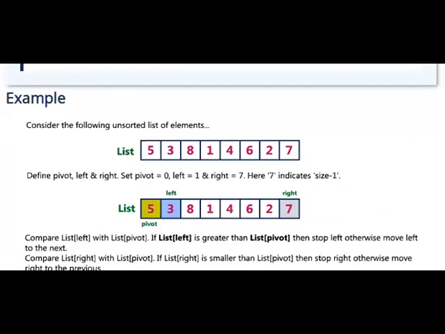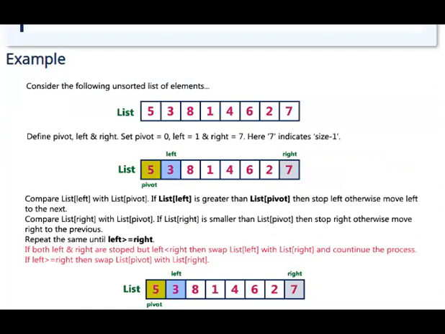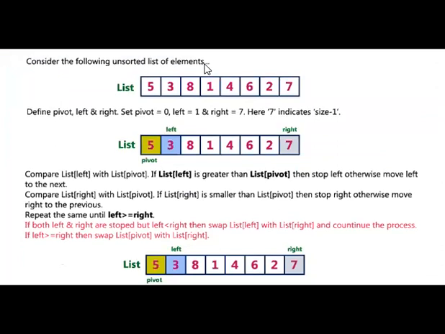Here we consider one example. This is an unsorted list of elements. Here we choose 5 as the pivot, and we consider the left side of the list as i and the right side as j.